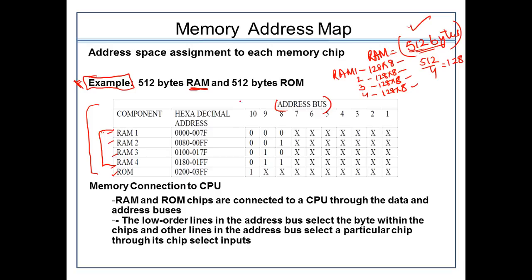The next is that we are taking the ROM, which is of the same size. Both RAM and ROM have the same capacity in this particular example. The ROM we are considering is only 512 bytes, but these RAM chips, which are divided into four parts, we have segmented into 128, 128, 128, and 128.